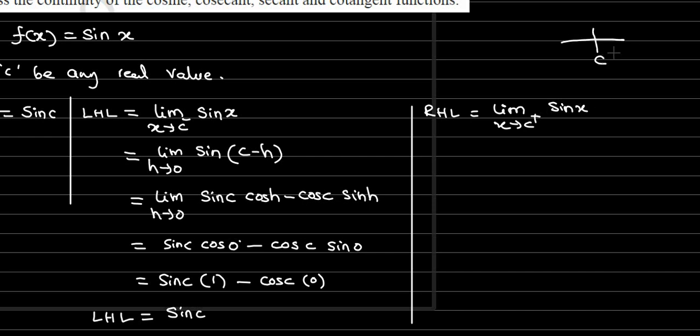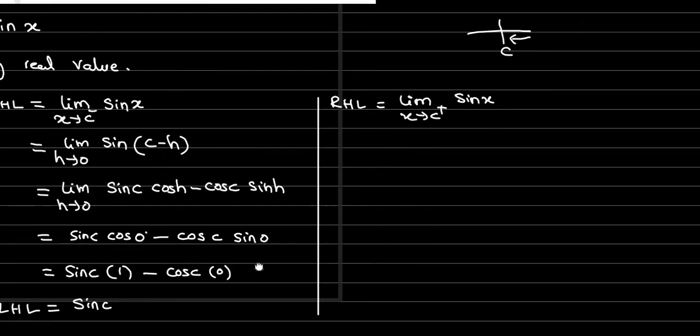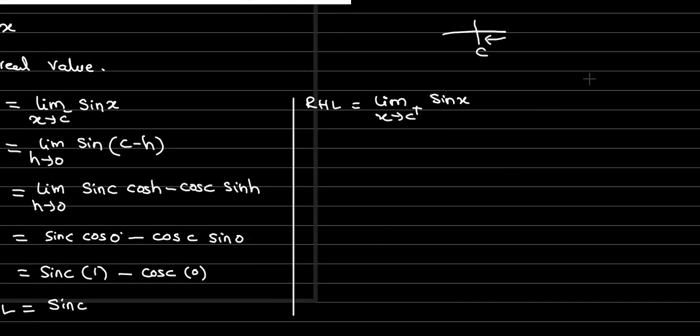Here we have c. From the right side, the limit approaches this particular real value. Right side close values are approximately c, but those values are greater than c. So for that interval, I'm going to make a substitution, x as c plus h.